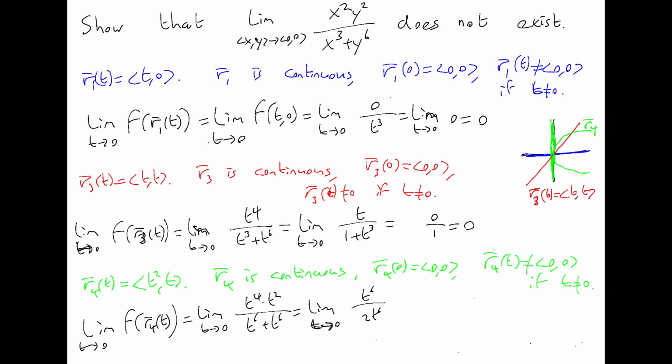And again, I can cancel a factor t to the 6, so I get a limit of a half, and the limit of a constant is that same constant. And now we are done, because we found 2 different paths, let's say R1 and R4, with different limits. So let me conclude on the next slide.